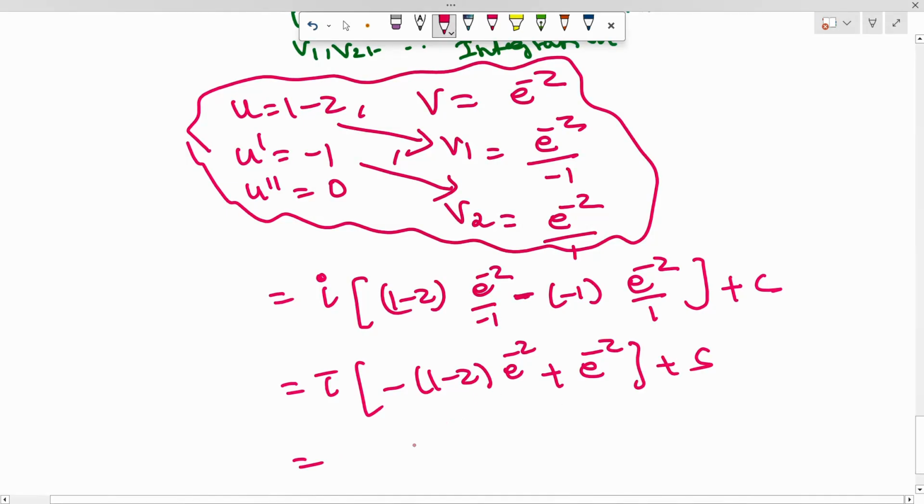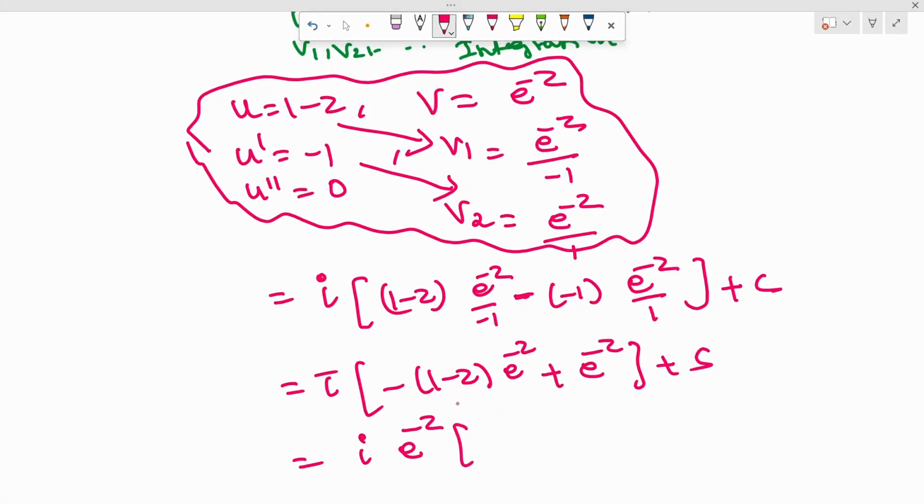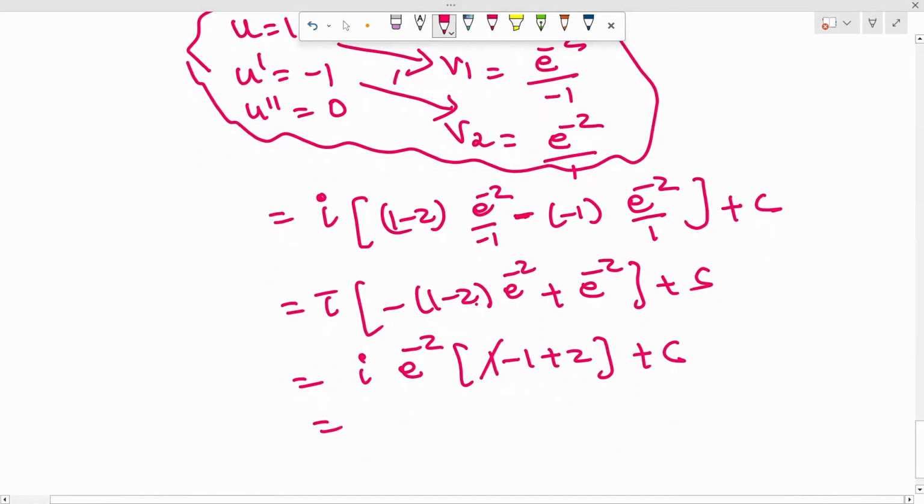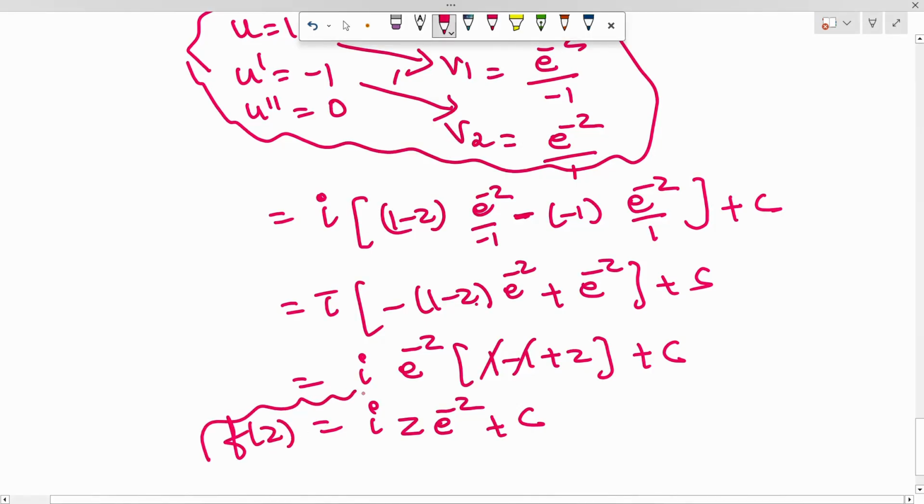From these two terms, taking e power minus z common, 1 will come in the second term, and in the first term 1 minus z is there. The negative sign is common for both, which means minus 1 plus z, plus c. Now we can remove the plus 1 and minus 1, and write i into z into e power minus z plus c. The left hand side term is f of z, which is the required f of z. That's all.